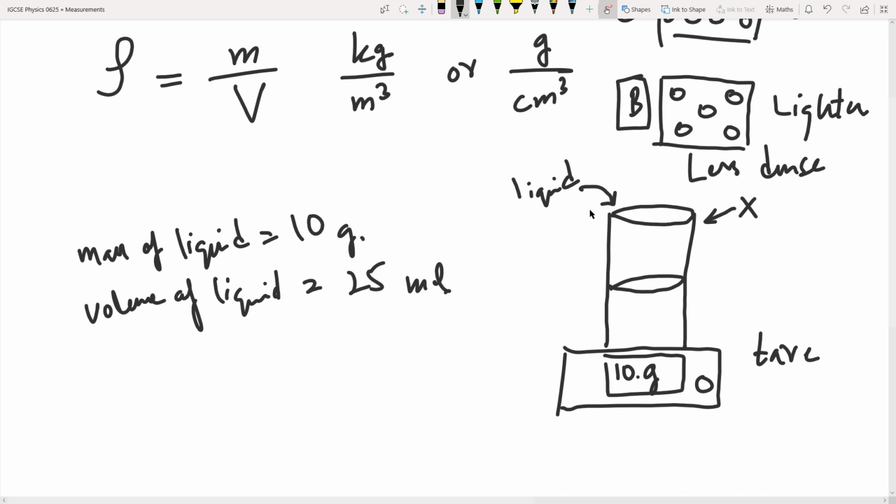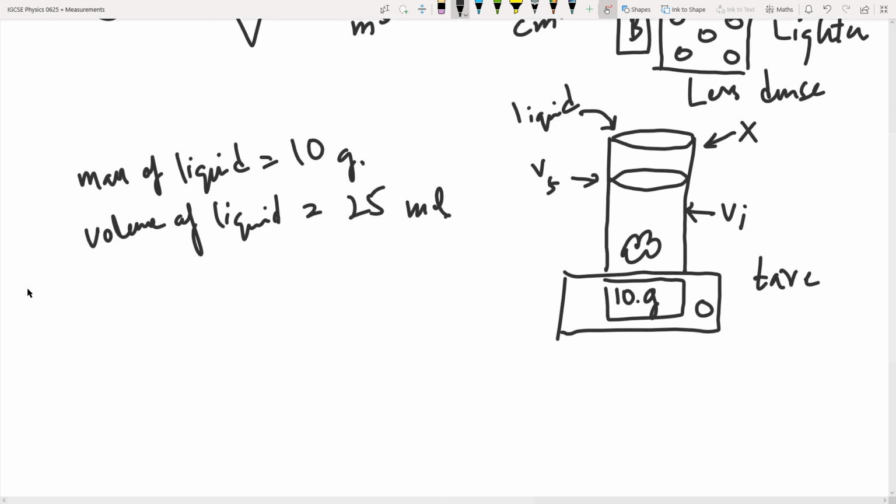Now I'm going to place my irregular object in it, and now you will see that there's a rise in the volume. So I'm going to note that this was the initial volume, and now over here we have the final volume, right?